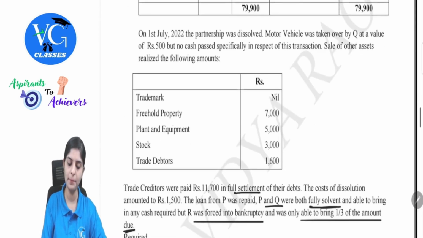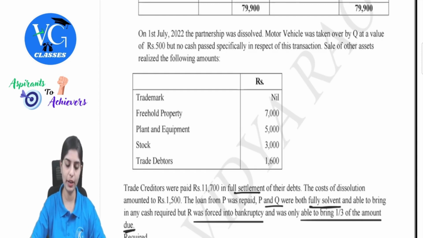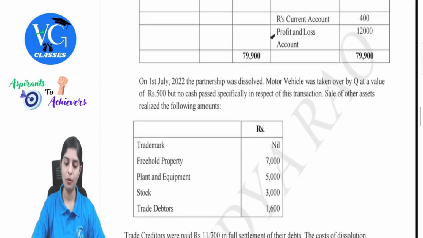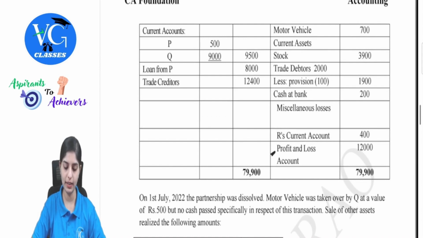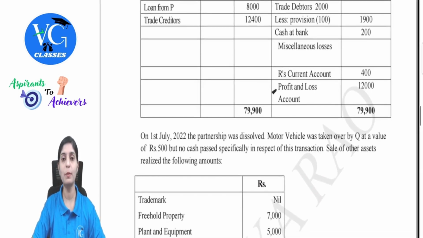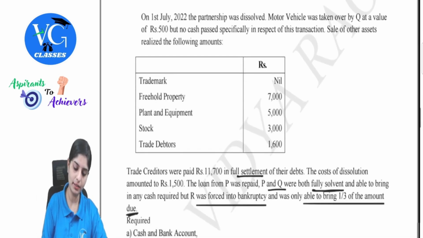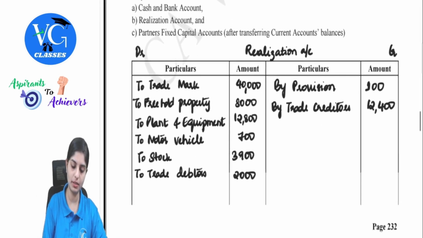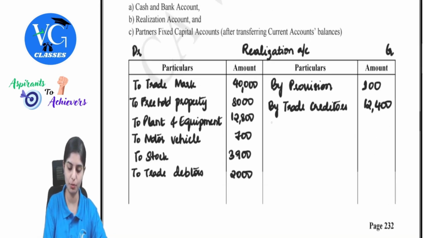Next, on 1st July, the partnership was dissolved. Motor vehicle was taken over by Q at a value of 500, but no cash passed specifically in respect of this transaction. Motor vehicle value is 700. It is taken over by Q, one of the partners, at 500. So what will be the journal entry? Partners capital account debit to realization.